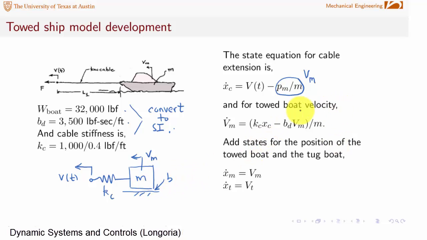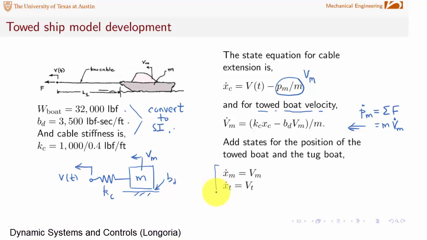The velocity of the boat comes from Newton's law on a free body diagram for this mass, which would be P dot m, with the sum of the forces on here, which we'd eventually write as m, v dot m, and that's where that equation comes from. So v dot m is the spring force minus the damping force, this is v sub d, divided by m.